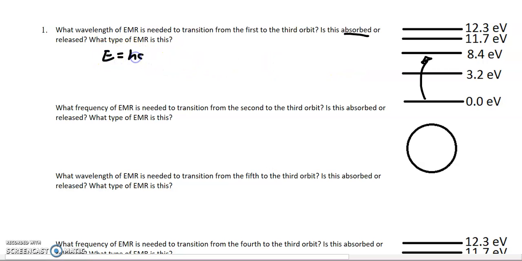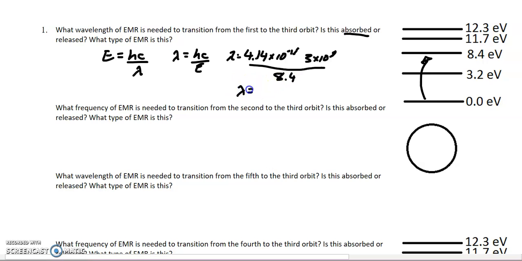E is equal to hc over wavelength, or the wavelength is equal to hc over E. Now for h here, we're going to use 4.14 times 10 to the negative 15. c is just 3 times 10 to the 8. The reason we're using 4.14 is because we've got 8.4 electron volts, so we're keeping everything in electron volts, and we find that is going to be 1.47 times 10 to the negative 7, which is in the UV band.